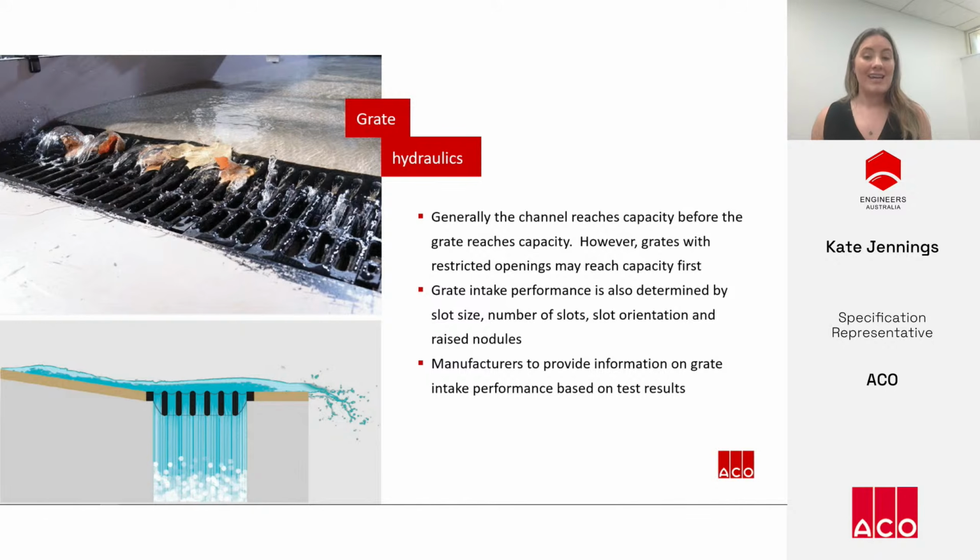Beyond the pure grate intake area, which is the open area of the grate, there are other factors that influence grate hydraulics, including the slot size and orientation. The number of slots and any raised slip-resistant nodes are also impacting the flow of water, as they can slow the flow down and help direct the water into the slots. With both channels and grate hydraulics, the only real way to know how they perform is to test them.